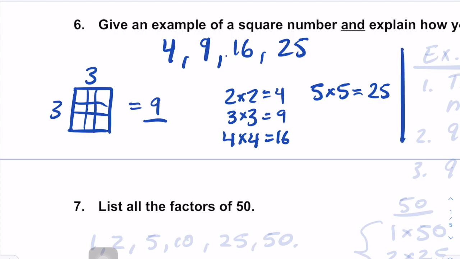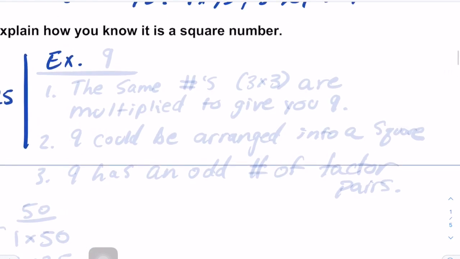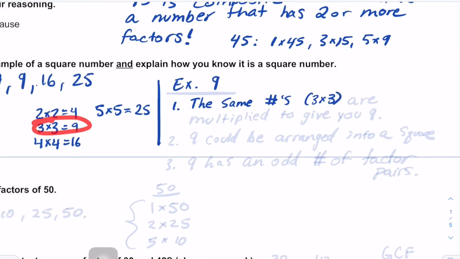Any of these numbers that we just did all count as examples of square numbers. So in my answer, I'm going to say the example is, we'll just use the number 9. One explanation I can give is the same number, 3 times 3, are multiplied to give you 9.